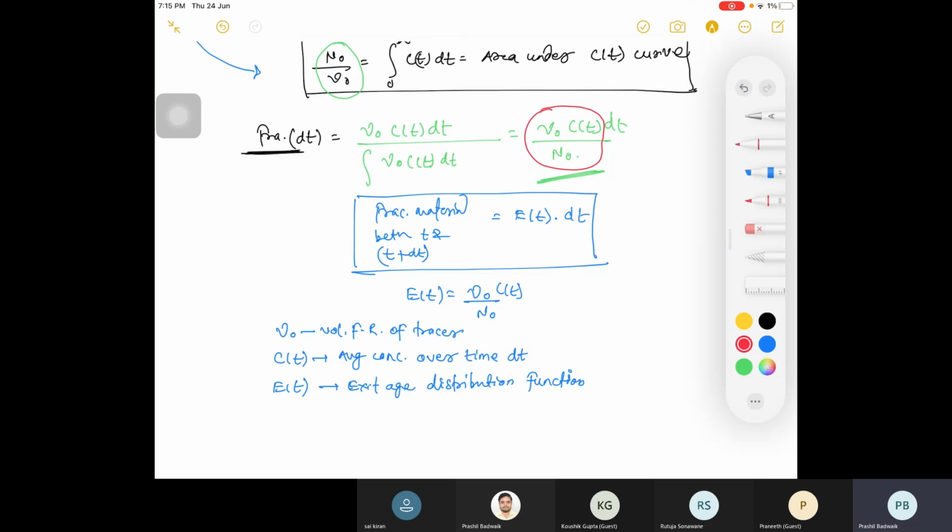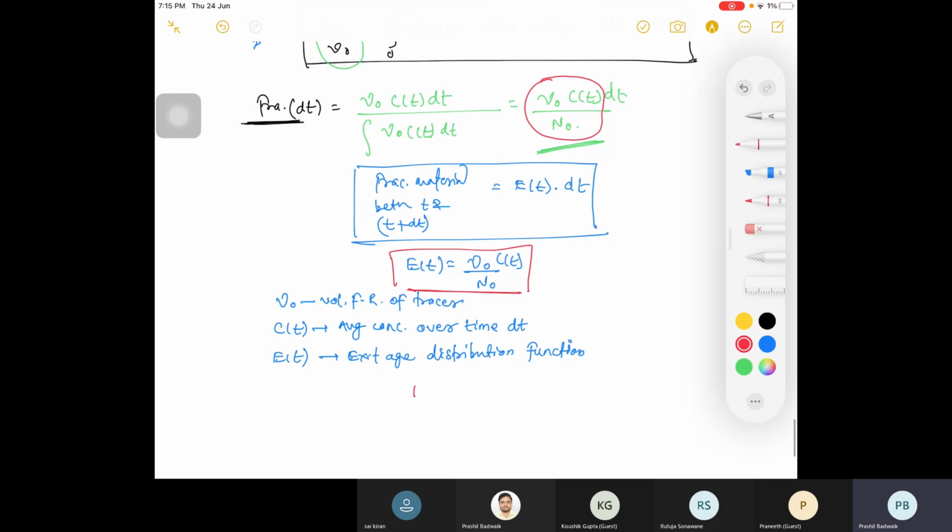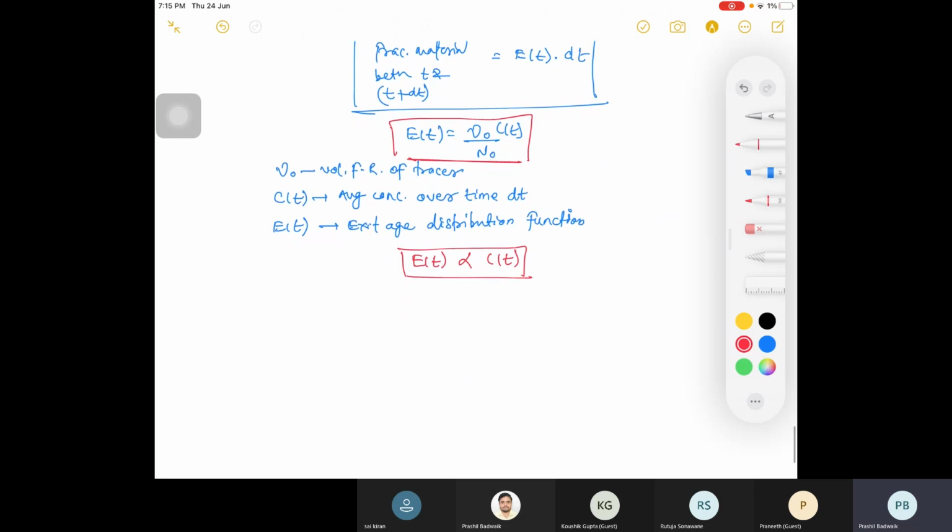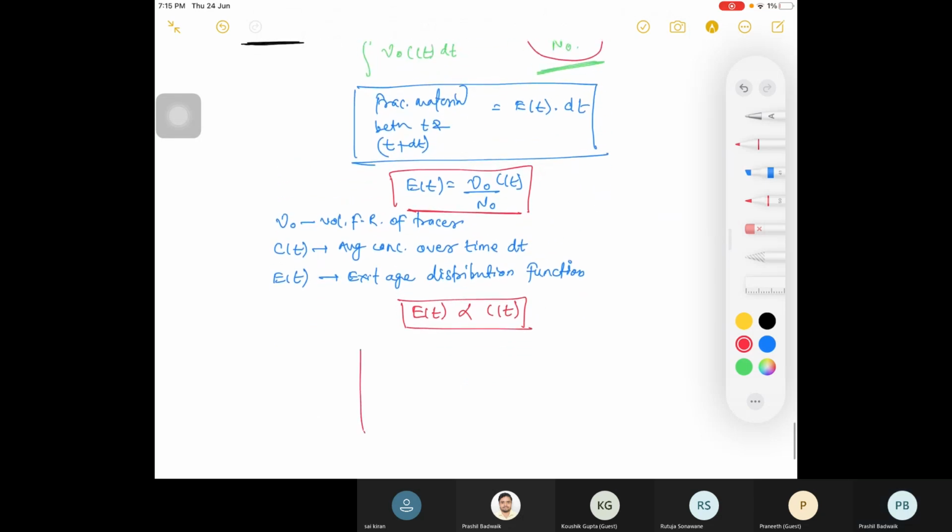From this equation also you can see Et is directly proportional to Ct. So as your Ct increases, suppose it is your Ct curve with respect to time, the Et curve will be similar, having the same shape, maybe with lower values.